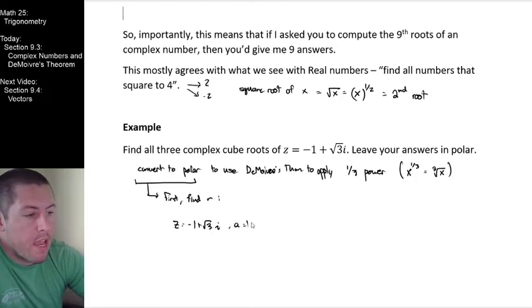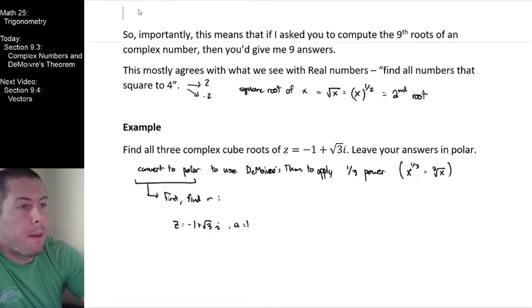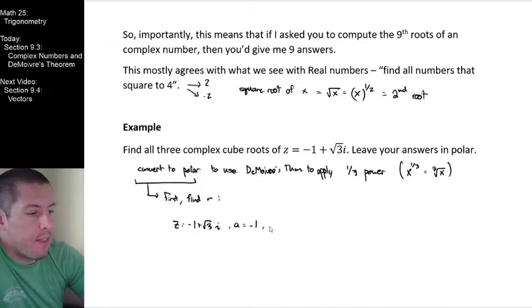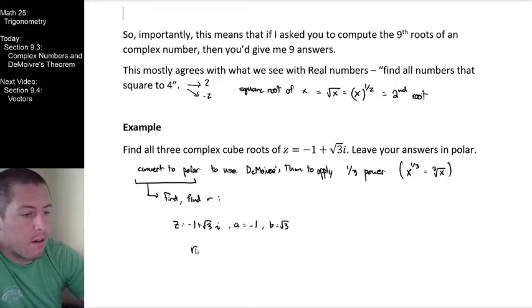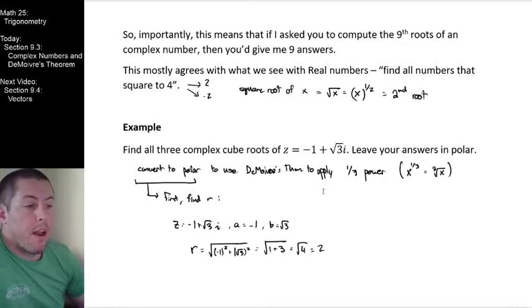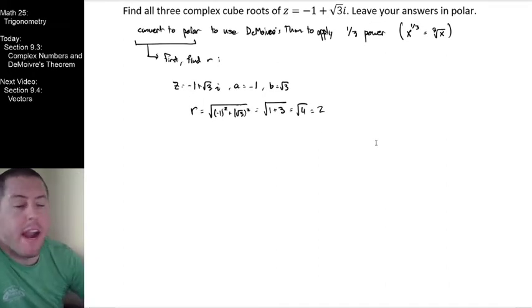So we have that a equals -1, b equals the square root of 3, and we can use our Pythagorean theorem to go ahead and solve for r. So it looks like we found that our r term, our magnitude, our radius is going to be 2.